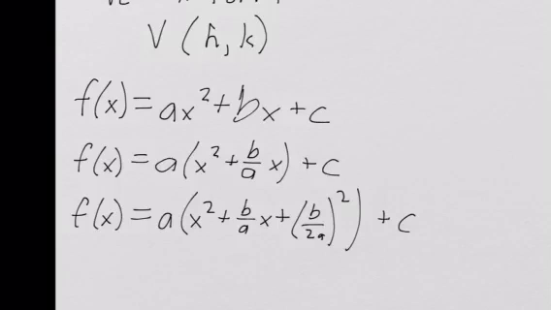Now we added b over 2a squared in the parentheses, and we haven't multiplied by a, so we need to subtract it on the outside. That ends up being b squared over 4a, because I square the 2a, which becomes 4a squared. That's in the denominator, but I then multiply it by a, canceling one of those a's.